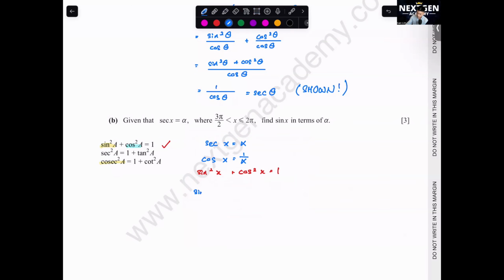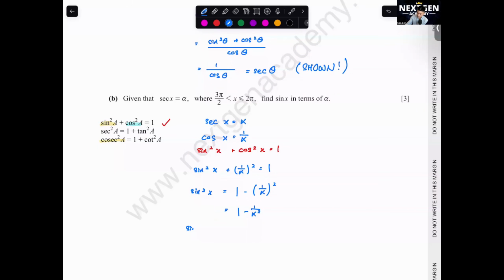So sine square x plus 1 over alpha square equals 1. Okay, just rearrange. Sine square x equals 1 minus 1 over alpha square. Okay, this one we can rewrite into like that. Then sine x is equal to plus minus square root of 1 minus 1 over alpha square.